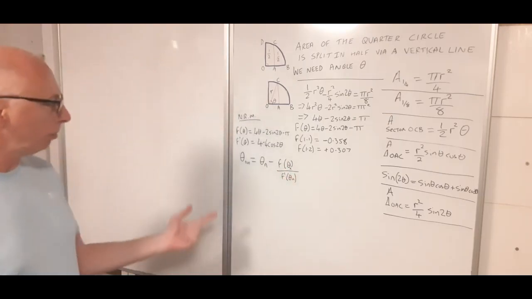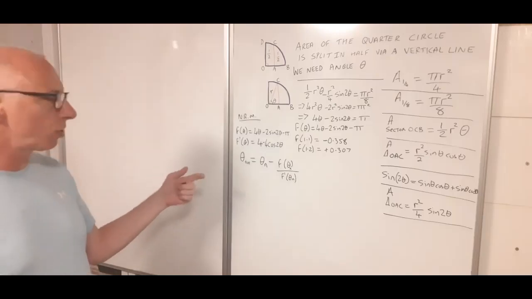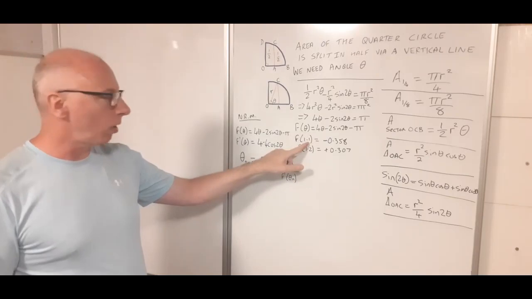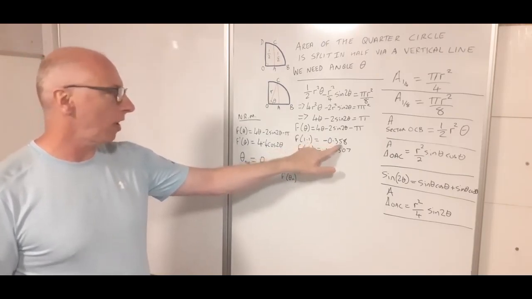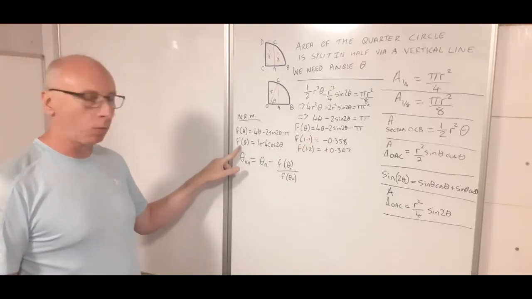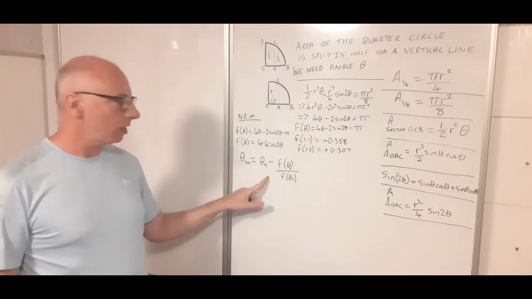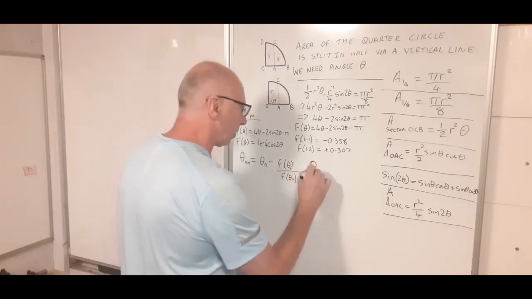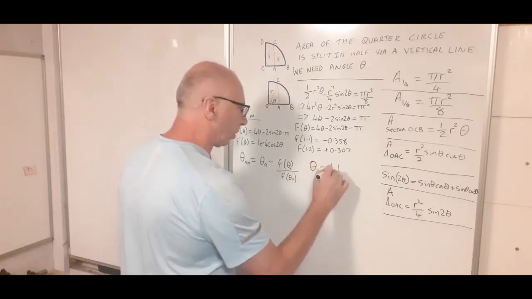That's my building block to work out an approximation. I worked out f at 1.1 as minus 0.358, and I then need to work out the derivative at 1.1. So I'm going to use theta equals 1.1 for my first value. Theta 1 is 1.1.